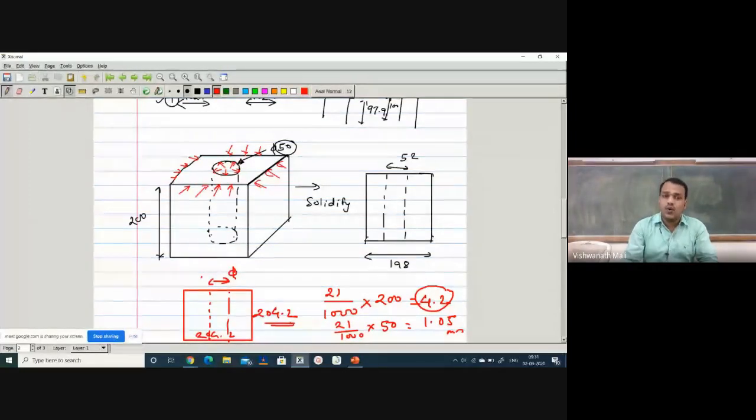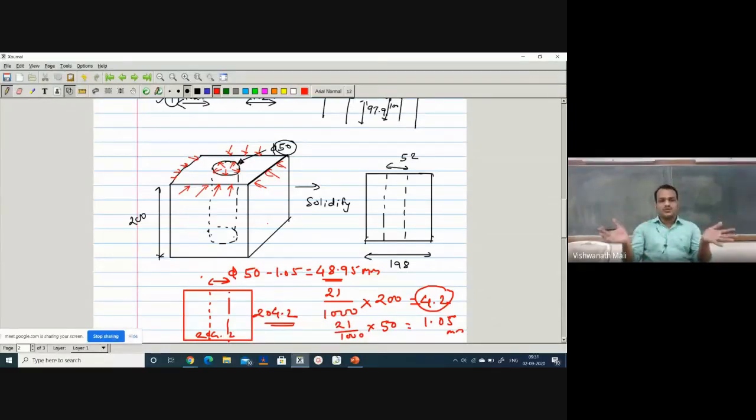But when there is a hole or an internal surface, we need to minus it. Means 50 minus 1.05, so that will be around 48.95 mm. So this will be your hole diameter, because when it shrinks, hole diameter increases, internal dimension increases. So we need to minus it when there is a hole and internal dimension. Remember that.